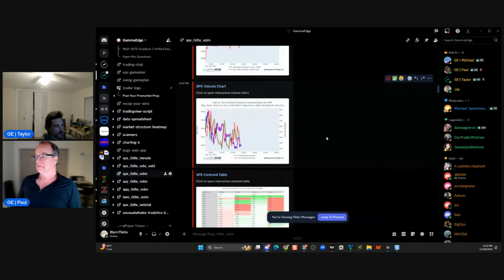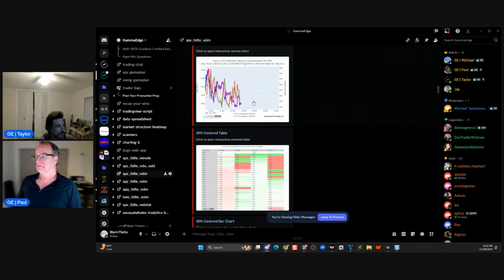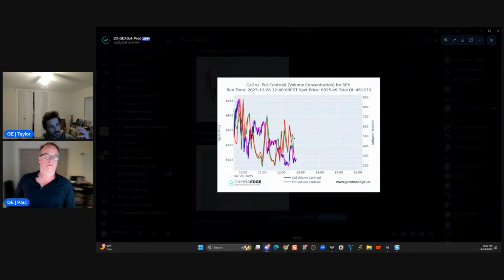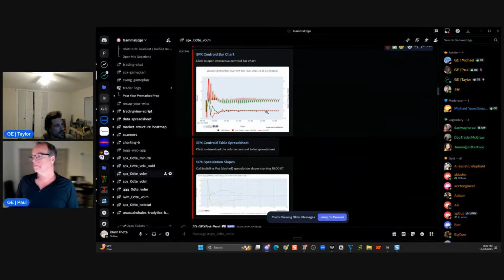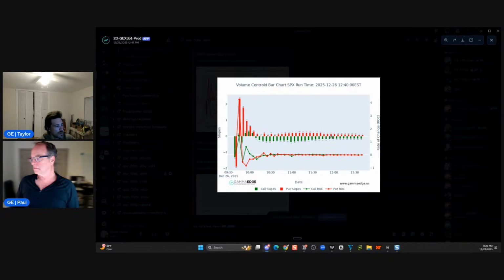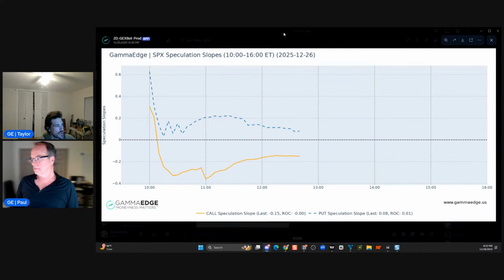But then we have other derivatives depending on how you like to visualize things, right? We have data tables. This is just looking at the volume of call and put speculation. And then again, this is looking at the rates of change of the centroids. And then that's what this chart is getting at as well.